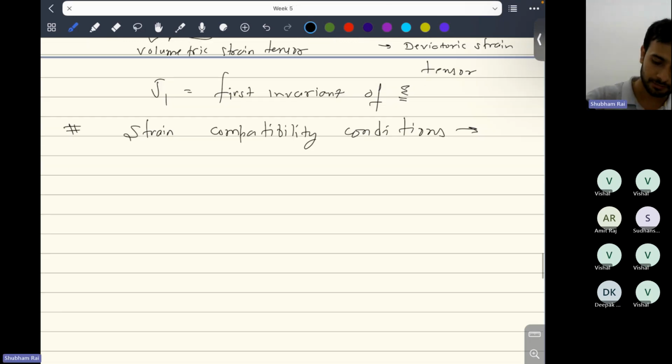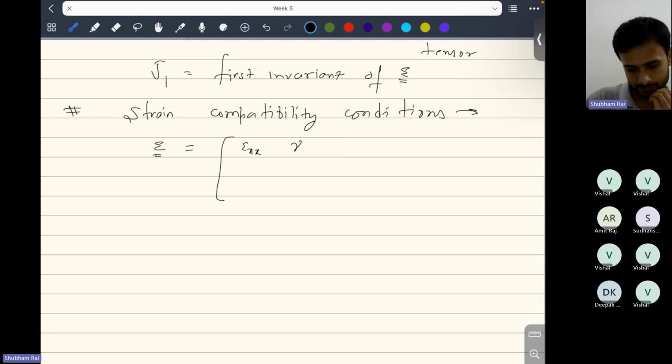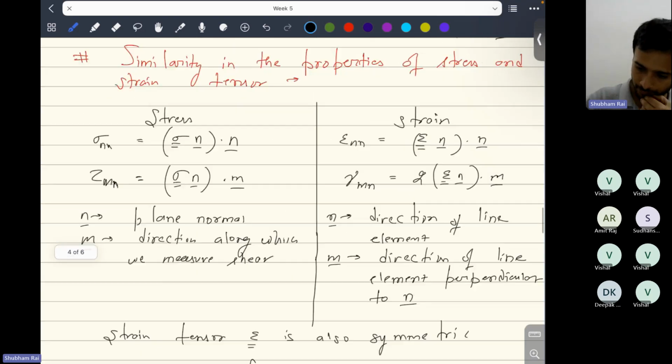And these conditions are, so let's say you have a strain matrix. Now it is a matrix only. So the components are epsilon xx, epsilon xy, epsilon xz. I should write gamma, not epsilon. This is half of gamma, I think.